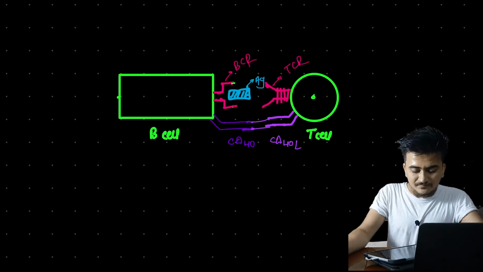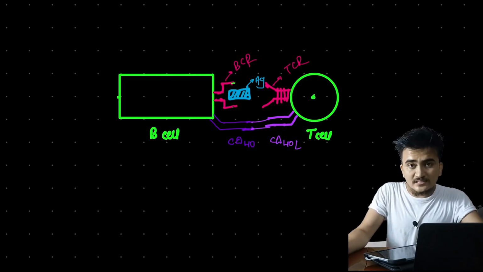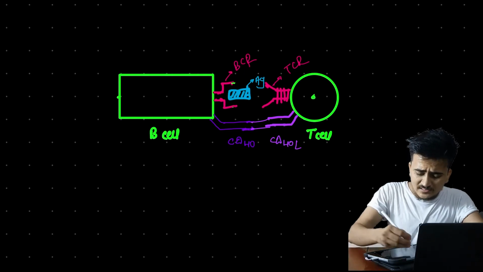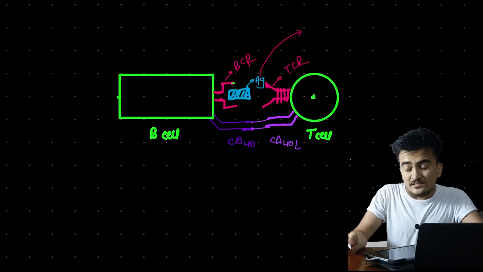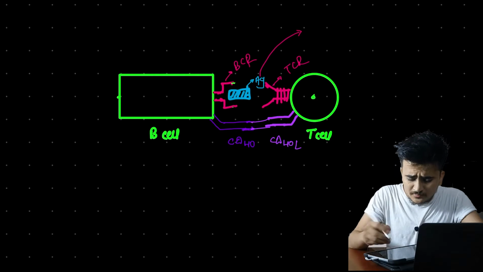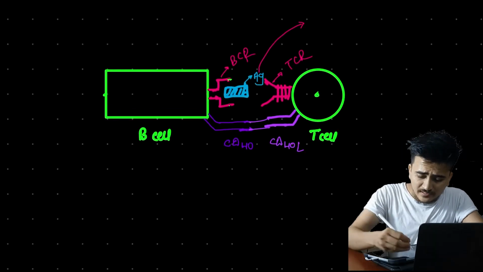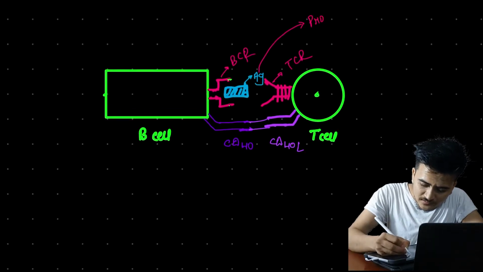This is how antigen is presented to T cell. And here this antigen, obviously, what type of antigen is it? It is proteinaceous antigen. It is not non-proteinaceous antigen. Proteinaceous antigen requires the support of T cell to produce antibody.